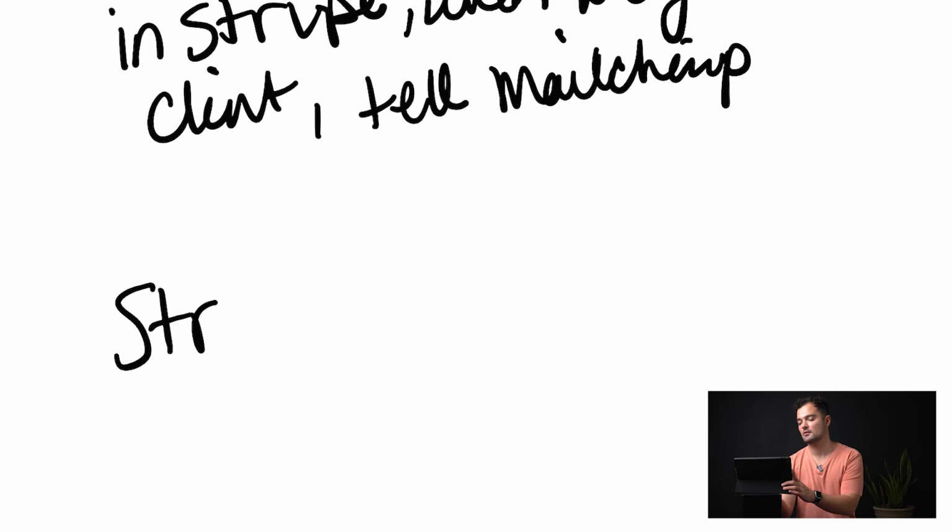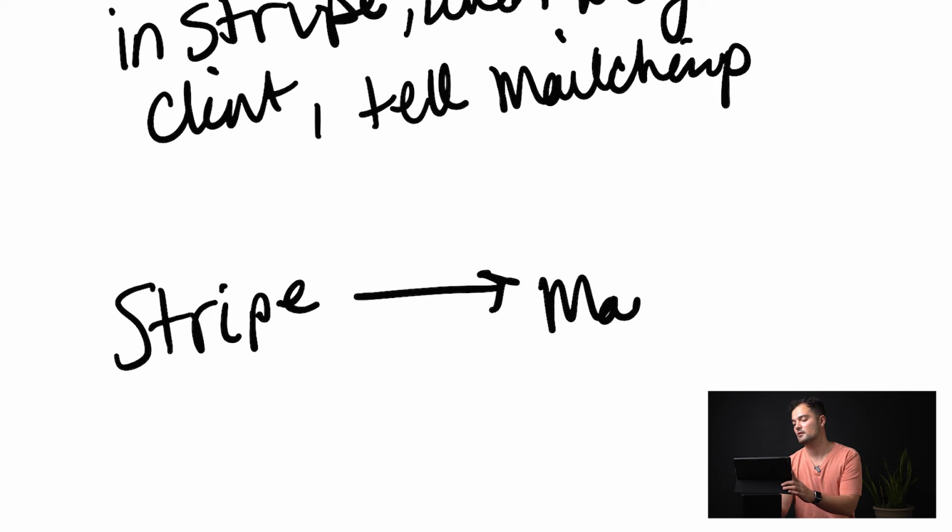The next day, a new Stripe customer signs up. You just got paid. And normally, you would have to take their email address and move it into MailChimp. That way, you can retarget that customer later. Well, in Zapier, Stripe talks to MailChimp directly. All done, just like that.